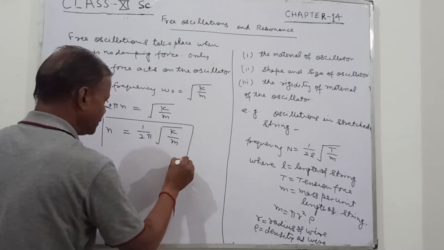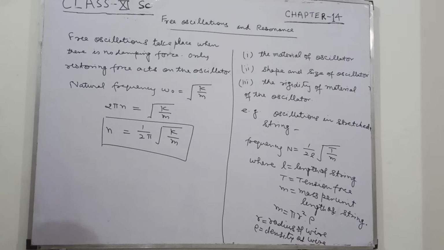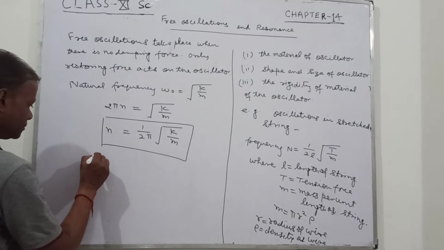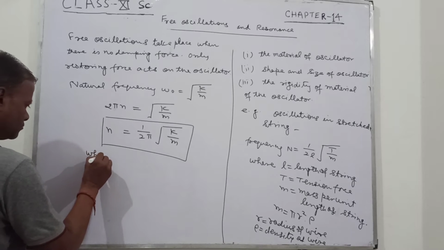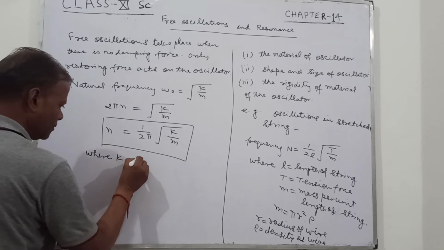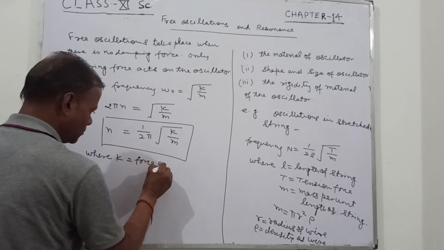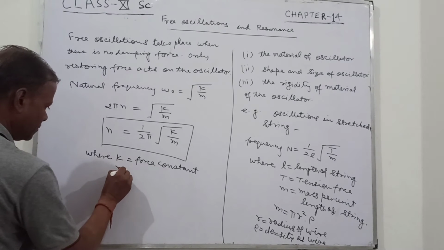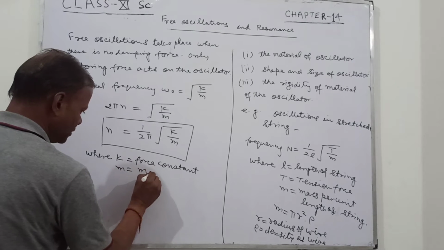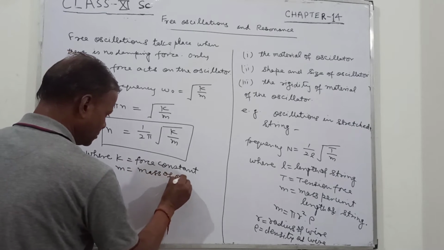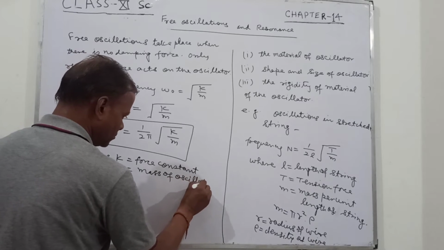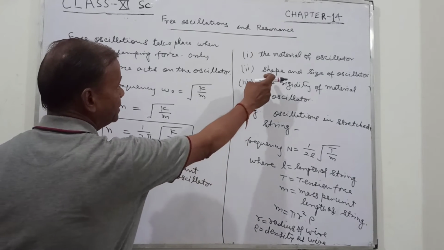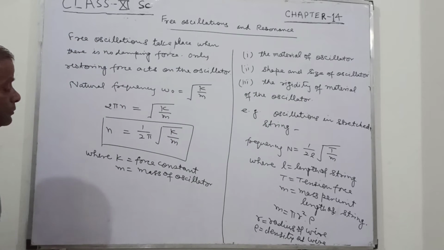This is our natural frequency. And in case of free oscillations, k is the force constant, m the mass of the oscillator. So when we are taking the size, then we are taking the mass the same.